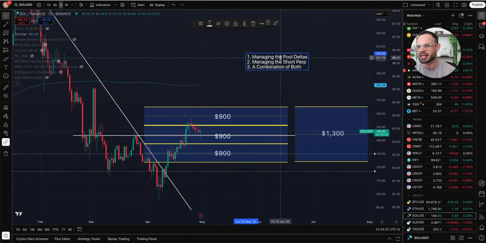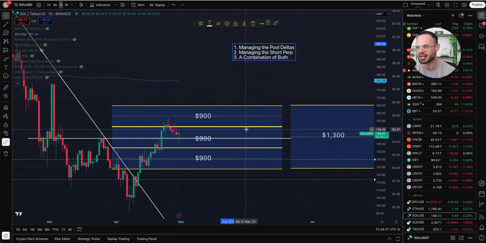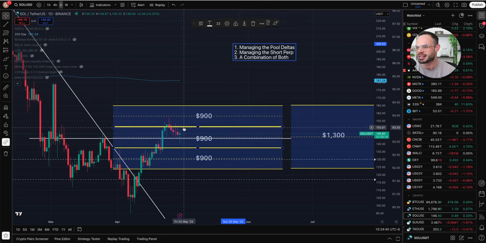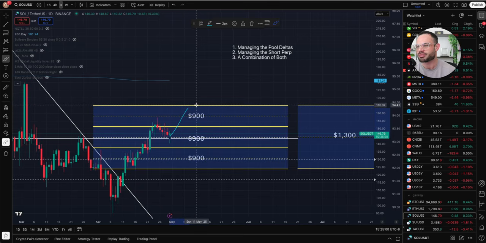Let's explain managing the pool deltas for option number one first and foremost, because given that we've got 4 different pools set up here, and again, the reason for that is outlined in the first video, you can go and check it, it essentially means that as we see price moving and deviating from entry, if this middle point of the middle range is our entry point, as the price of Solana moves towards the upper bound of that range and the upper bound of all of our ranges, we are getting converted out of Solana, meaning we're getting converted into USDC, and essentially we are owning less and less Solana across all 4 pools.